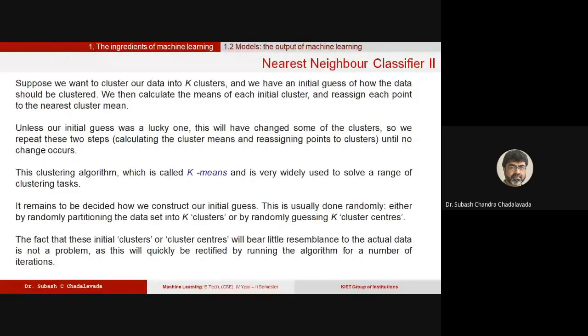So whenever you have a k, you divide your data into k clusters. For example, this is an instance. You have 3 instances, so your k is 3, k equal to 3. Now what you do is you divide the total instances into 3 clusters.